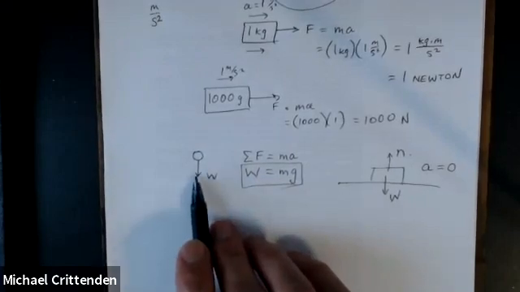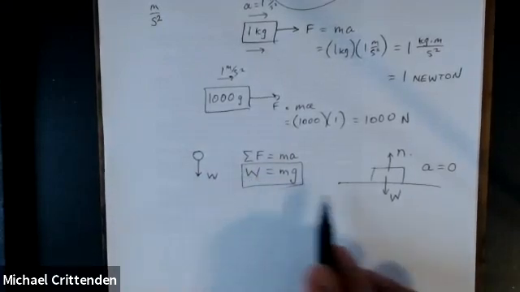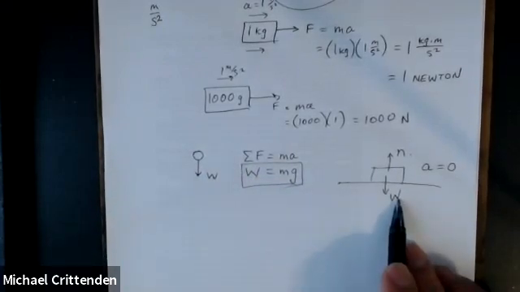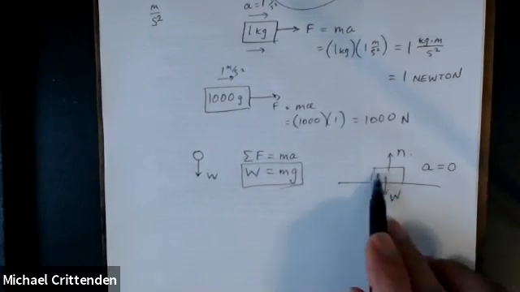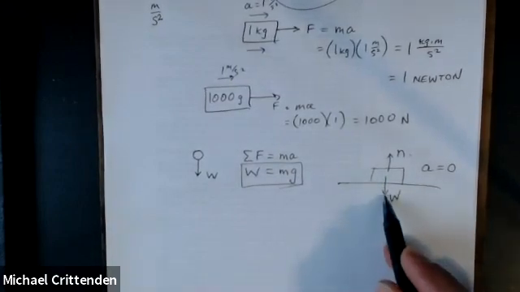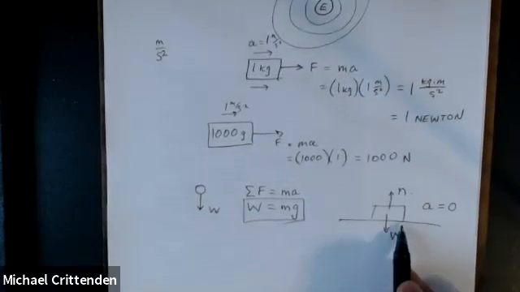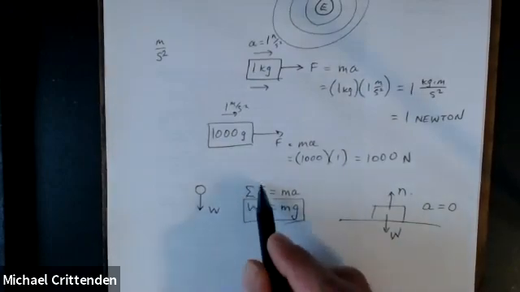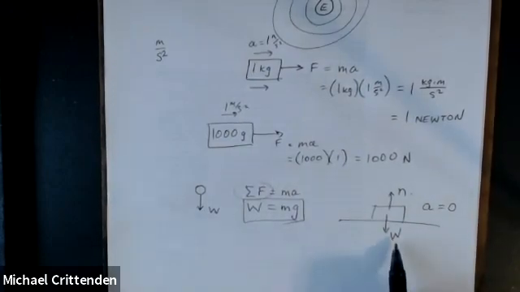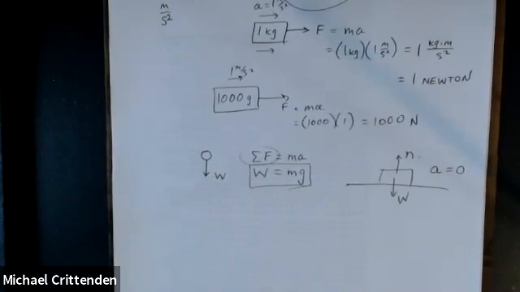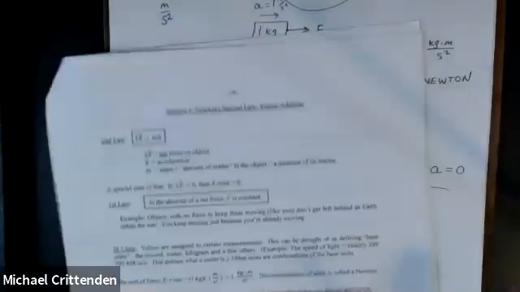Based on considering that, we figured out that this force is equal to m times g, and this force is still equal to this even when it's sitting on a table, because it's still the same amount of mass and it's still the same distance from the center of the Earth. It's just this force no longer equals the total force with it just sitting there.